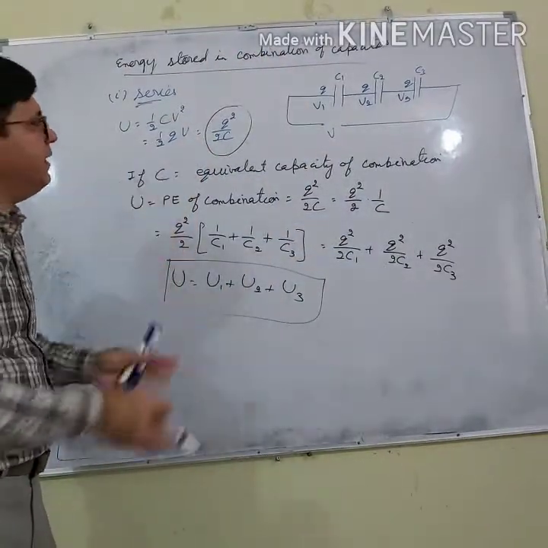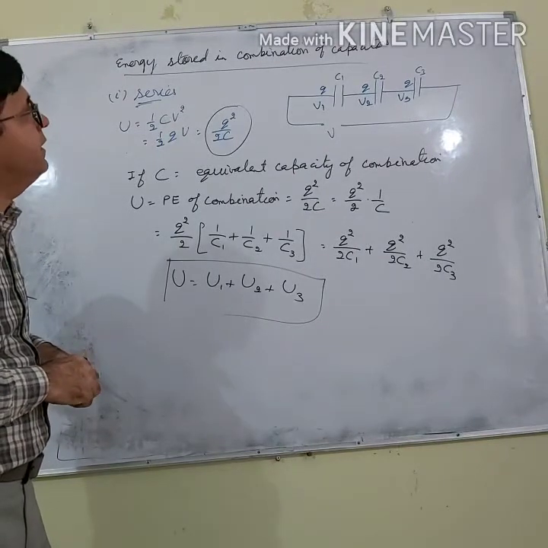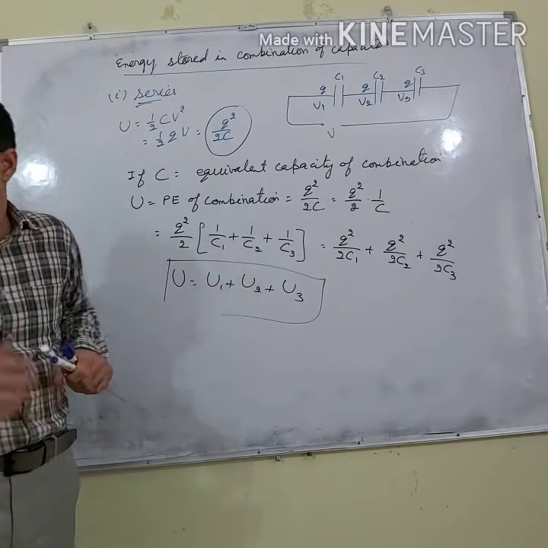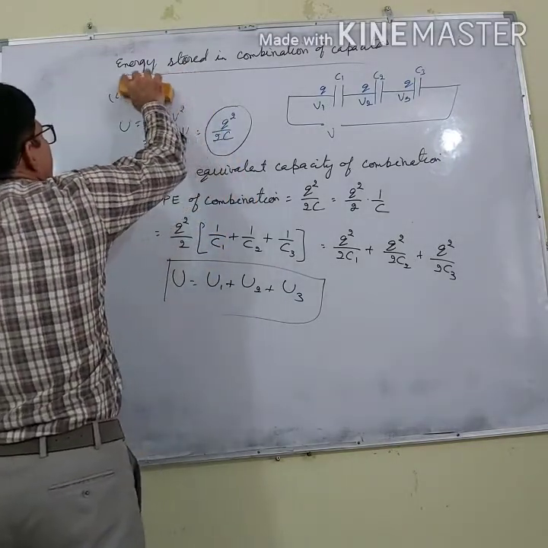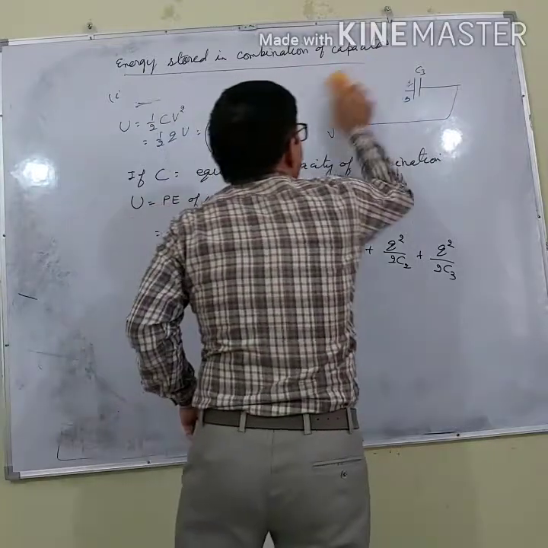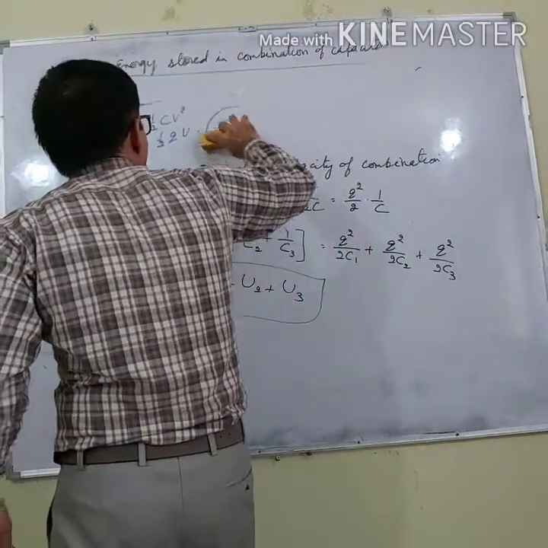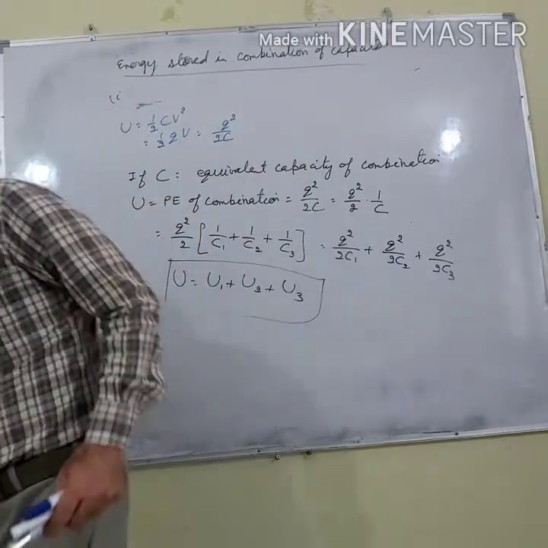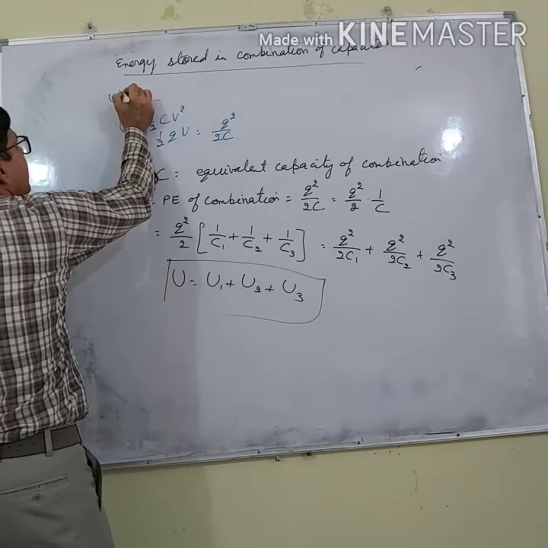If I add this energy, I will get the total energy stored in the combination of capacitors. Now, let's take the parallel combination. What happens if capacitors are connected in parallel combination?